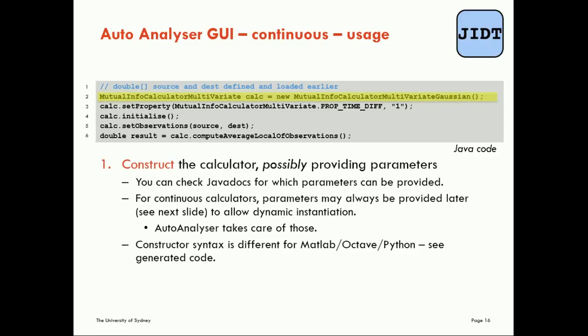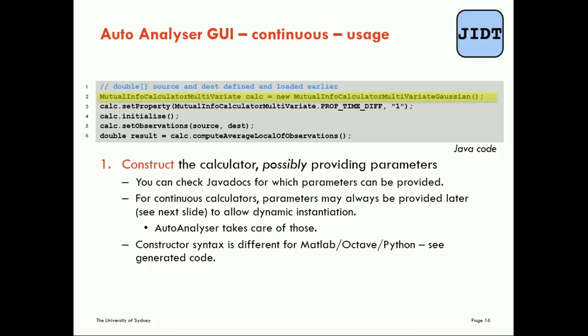We'll start with the constructor. Your first step is, of course, to construct yourself an instance of the calculator, remembering that we're using object-oriented coding, so our calculator is an object here. So we need to construct ourselves an instance of the calculator, and when we do, we possibly provide some parameters for that. You can check the Java docs for full details on which parameters can be provided in the constructor.